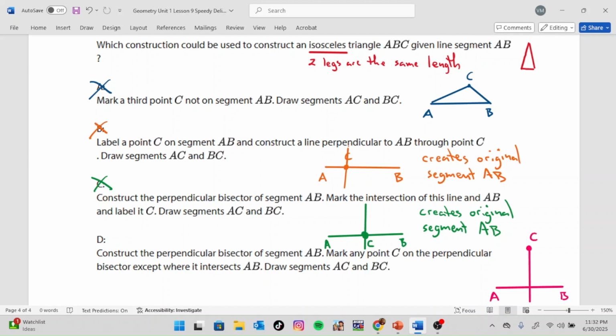Draw segments AC and BC. Well, here's AC. Here's BC. And now, because any point on the perpendicular bisector is the same distance from A as it is B, then anywhere I put this point other than the point where it crosses, I'm going to have leg AC equal leg BC, which creates an isosceles triangle.